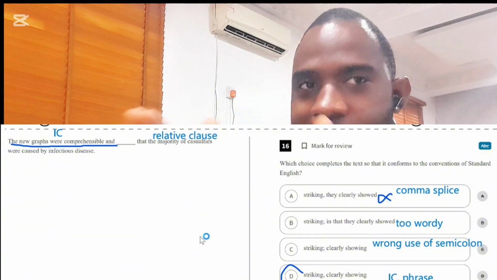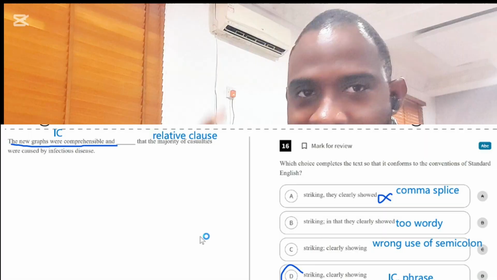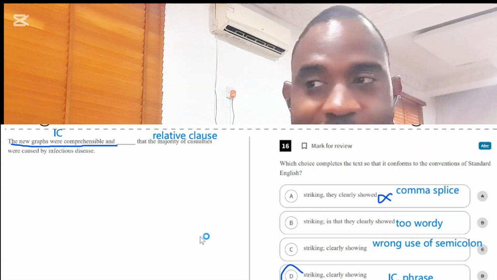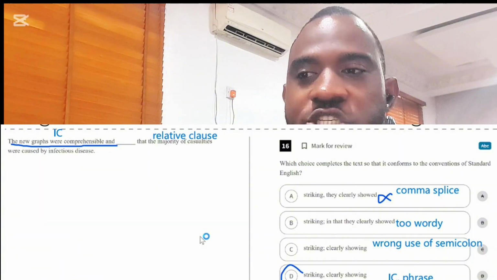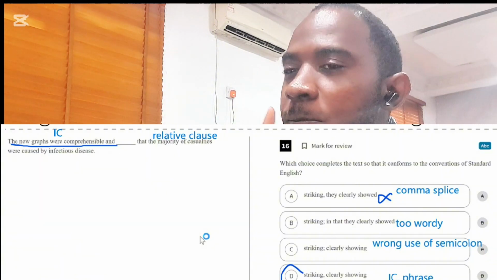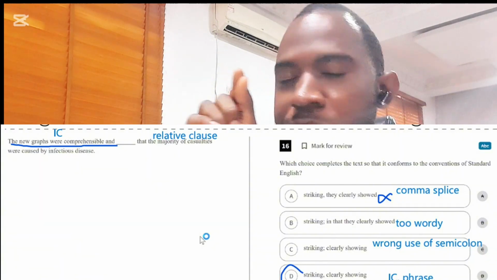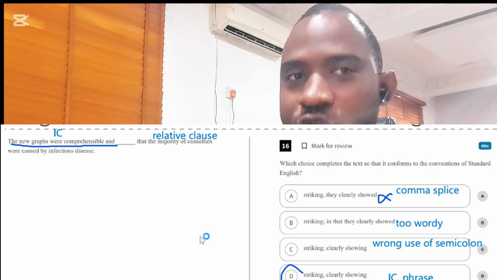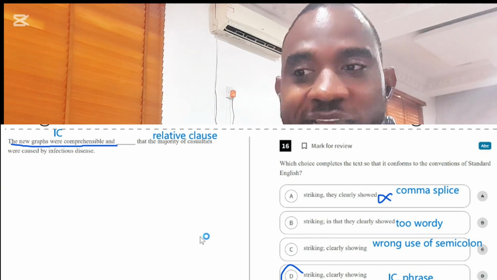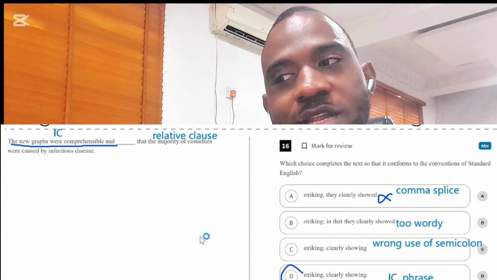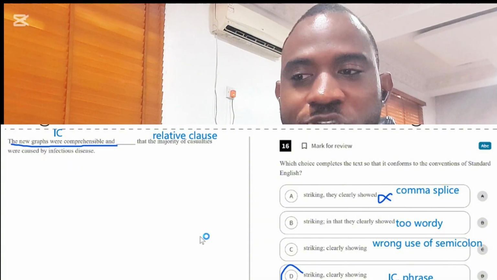Another complete idea. They, a subject pronoun, makes the next part of the sentence another independent clause. So the comma is the wrongest option to have there. Maybe if we had a semicolon before "they clearly showed," that would have been even a perfect answer. But it turns out we have a phrase after the independent clause, so the right answer should be option D.